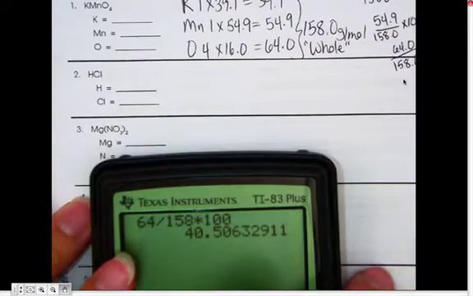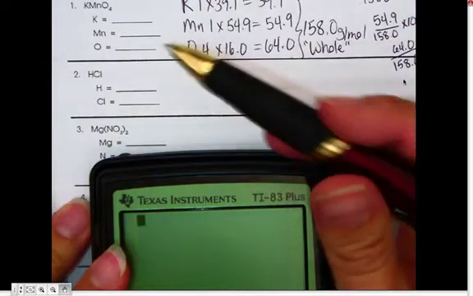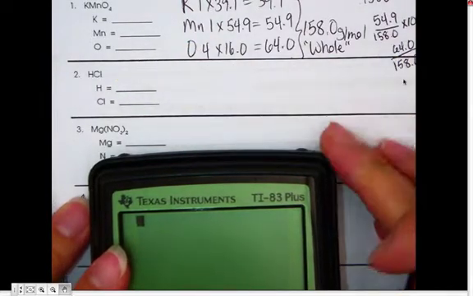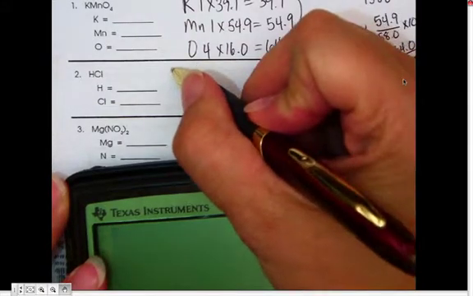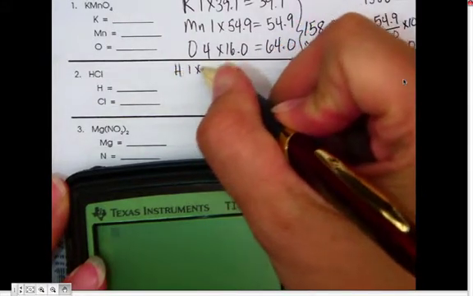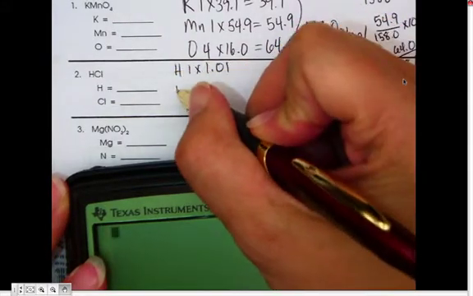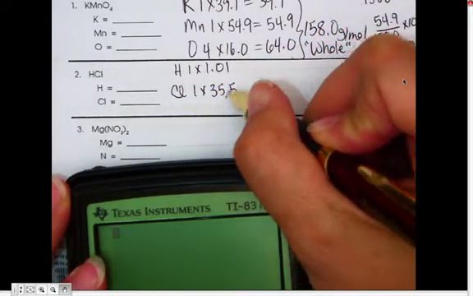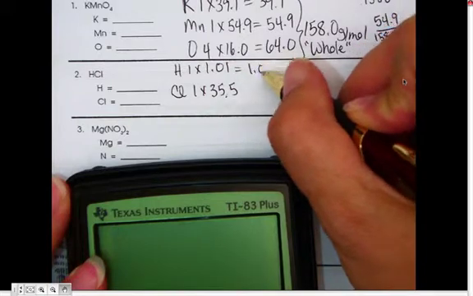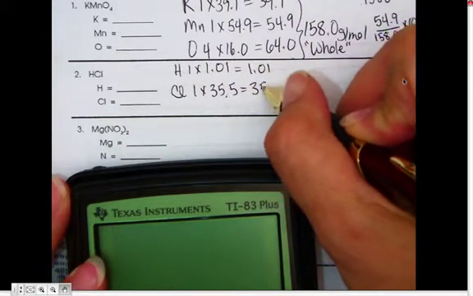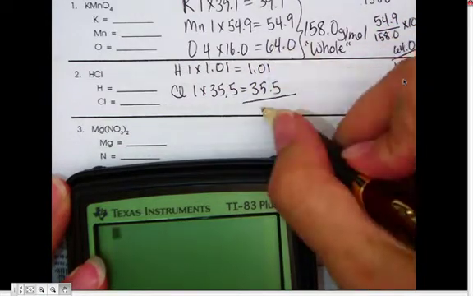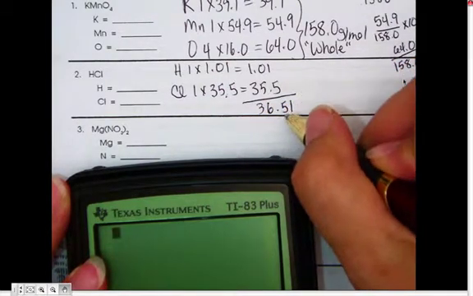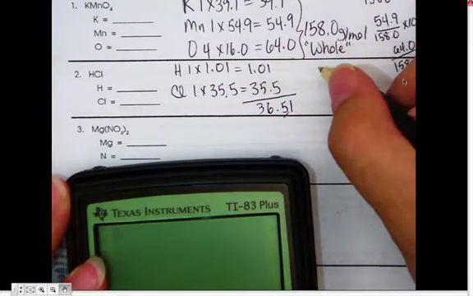The next one is find the percent composition of hydrochloric acid. This one doesn't give us any numbers, so we assume 1 mole. So the first step is to find the molar mass, 36.5 grams per mole.